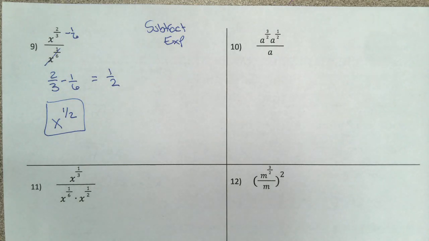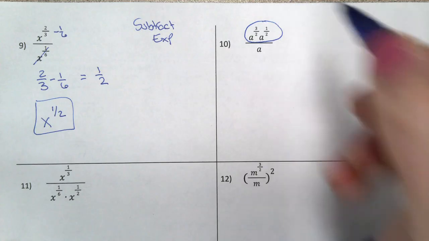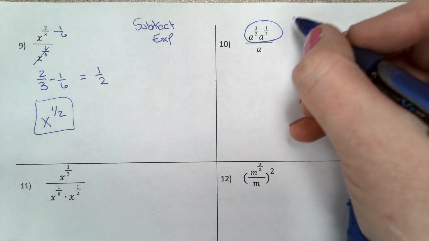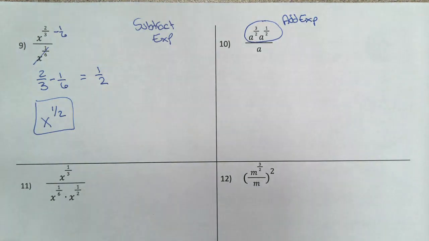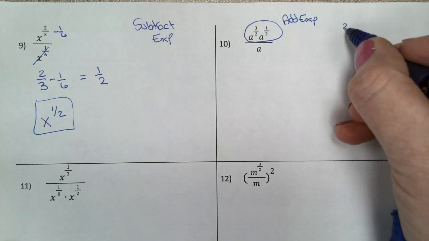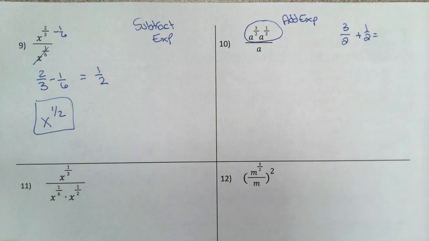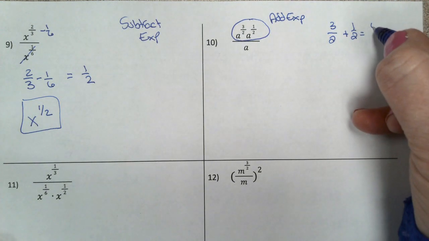All right, so I have two things going on here. You should clean up that numerator first. So the variables are being multiplied. So now I'm going to add my exponents together. So I have to figure out what is 3/2 plus 1/2. I'm not getting out my calculator for this because I already have a common denominator.